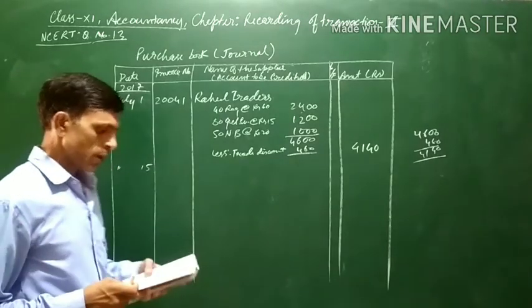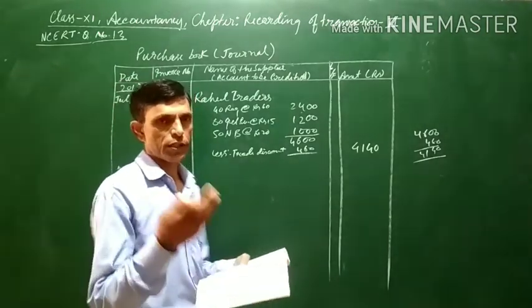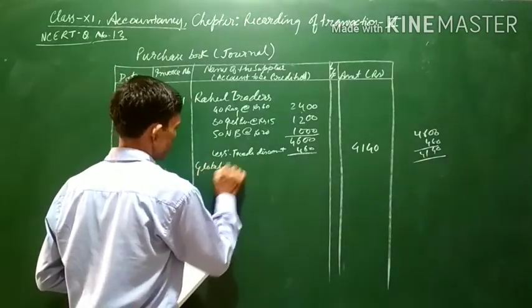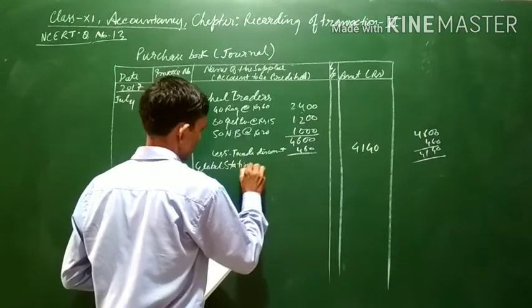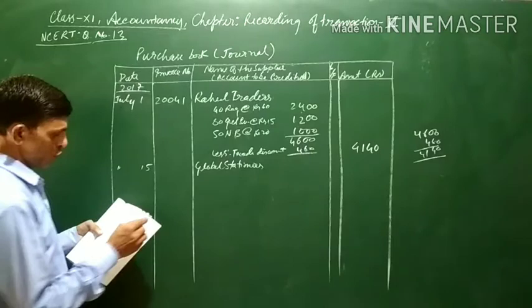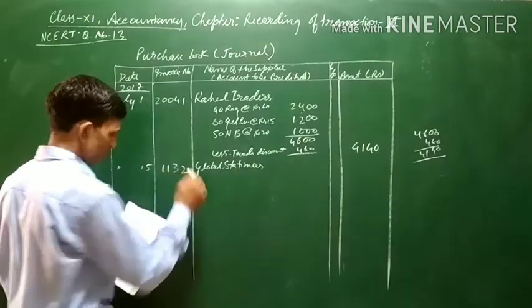On 15th July, bought from Global Stationers. The name of the supplier is Global Stationers and the invoice number is also given, 1132.